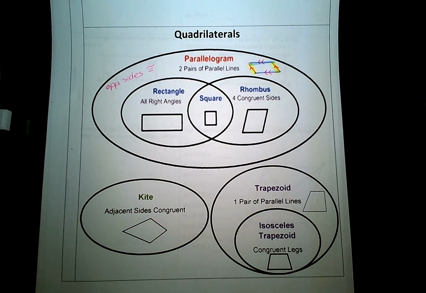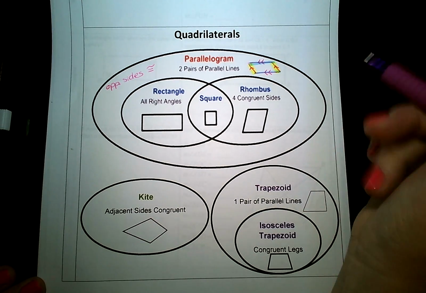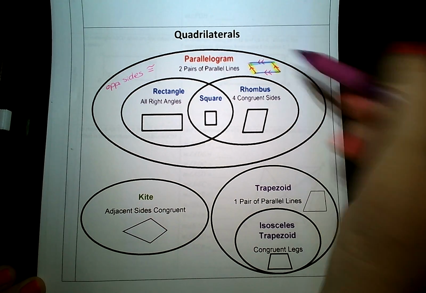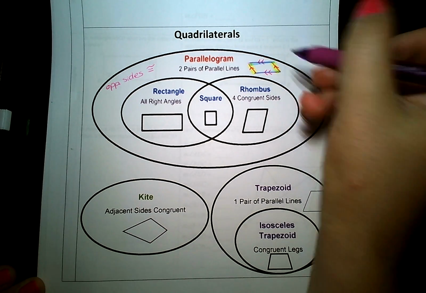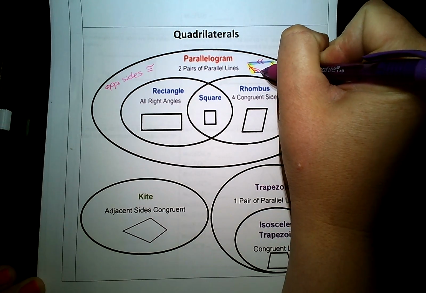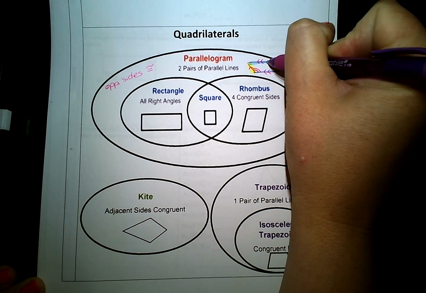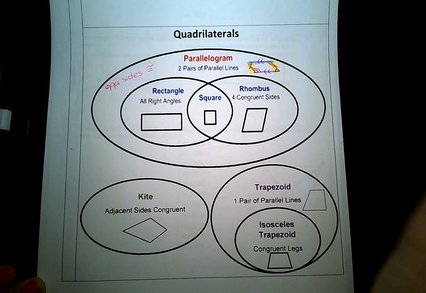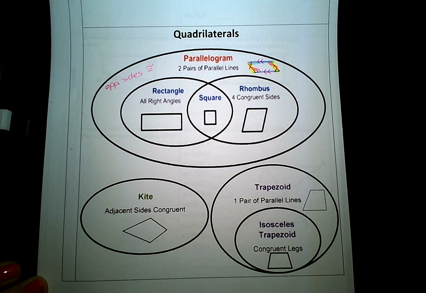Okay. Some other important features about a parallelogram are its angles. Notice that we have two obtuse angles and two acute angles in the parallelogram. The obtuse angles are congruent to each other, and so are the acute angles. So opposite angles are congruent.